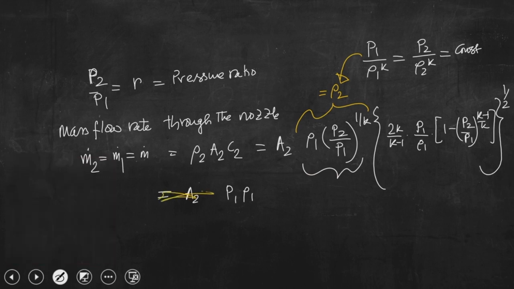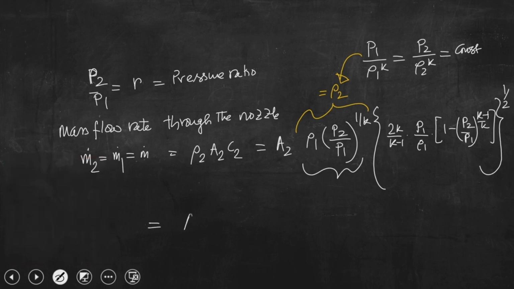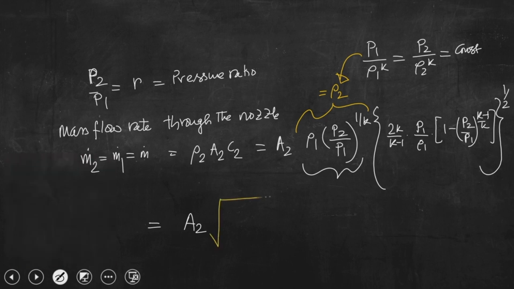We can write it equal to A2, then we can keep this rho 1 inside, then it should be rho 2 square, and this rho 1 square by rho 1, that is rho 1. So, we can write straightaway 2k by k minus 1, then rho 1 is going inside as rho 1 square, and that rho 1 square by rho 1 is rho 1, right.